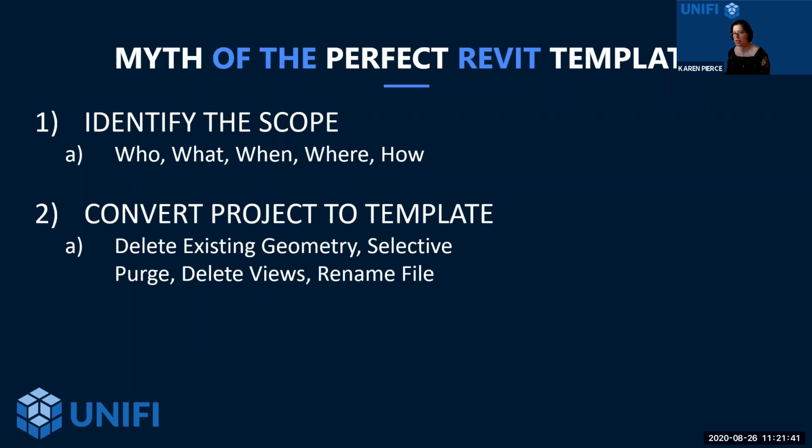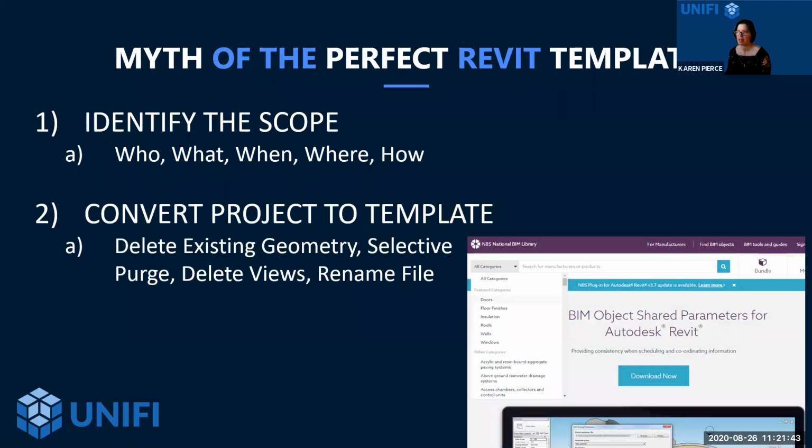And we did have a question come in: is there anything I can do to get started quickly, especially with shared parameters? So right here, NBS, the National BIM Library, actually provides the ability to download a shared parameter file. It's got all of the basic parameters that they feel a company should have.